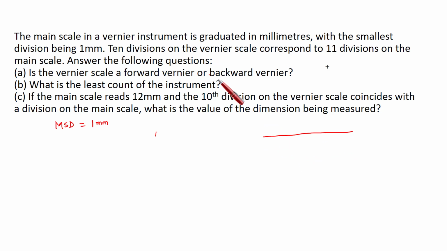This is the main scale. So 10 divisions on the vernier scale correspond to 11 divisions on the main scale. So on the main scale there are 11 divisions, and on the vernier scale there are only 10 divisions.